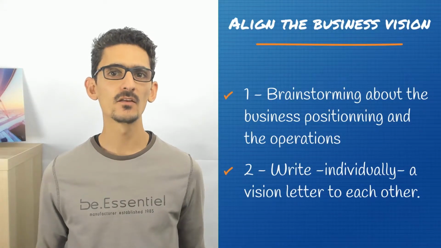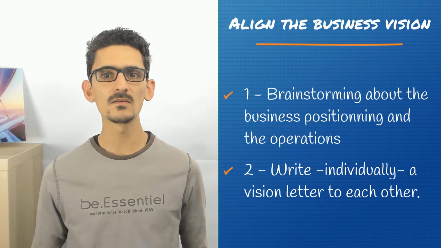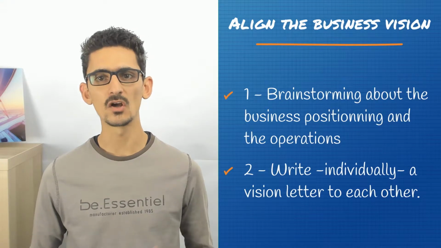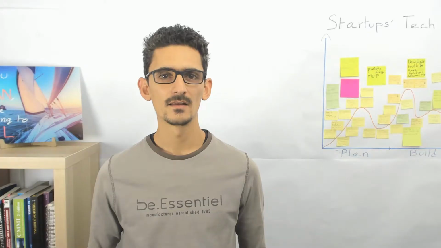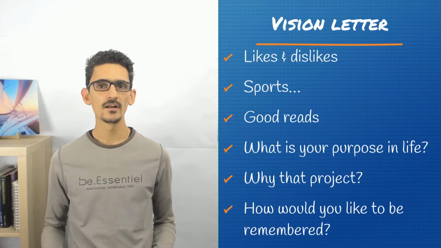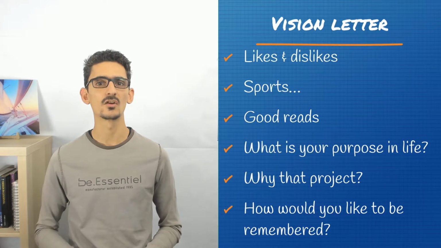So, to align the business vision, I recommend a simple process. First, brainstorming about the business. Then, write an individual vision letter. And you can repeat the process until you have a well-aligned vision. Now you're going to ask me, what is a vision letter? A vision letter is, from my point of view, a projection of you and your life within the company.